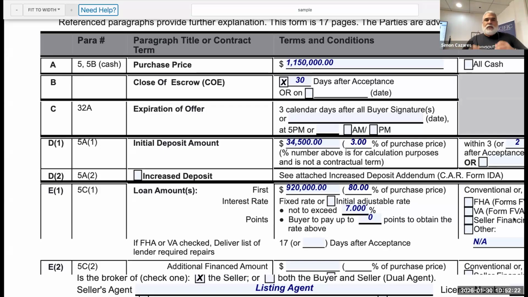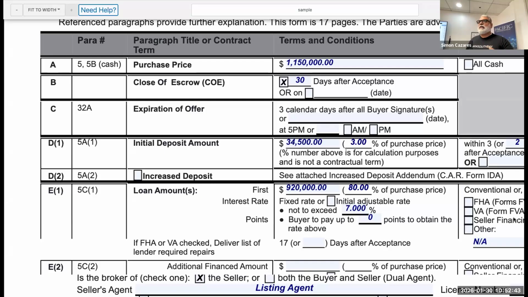Okay. All right. Section C talks about expiration of offer. Now, the beautiful thing is, if you look just between expiration of offer and the letter C, it has a letter and a number. You see that? 32A. 32A is the reference paragraph.